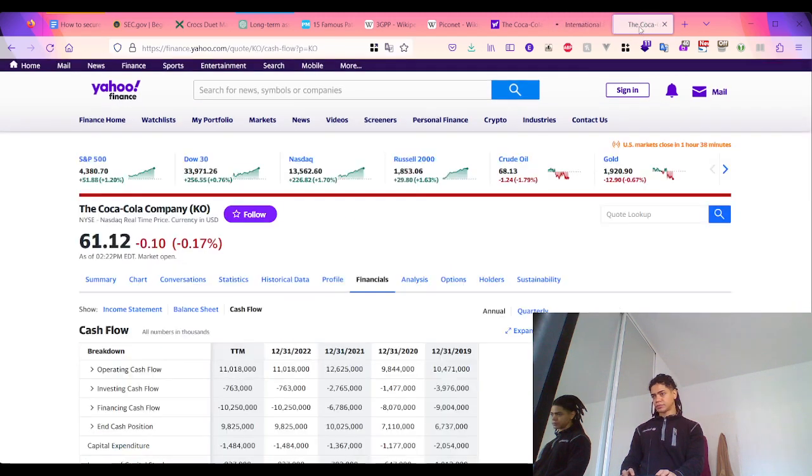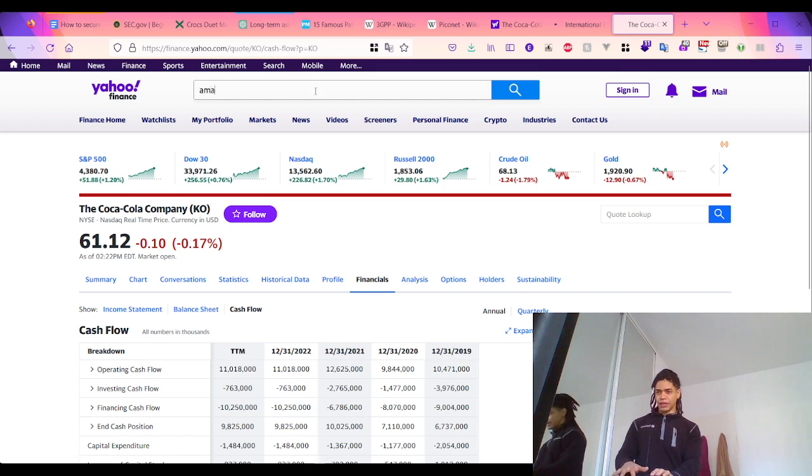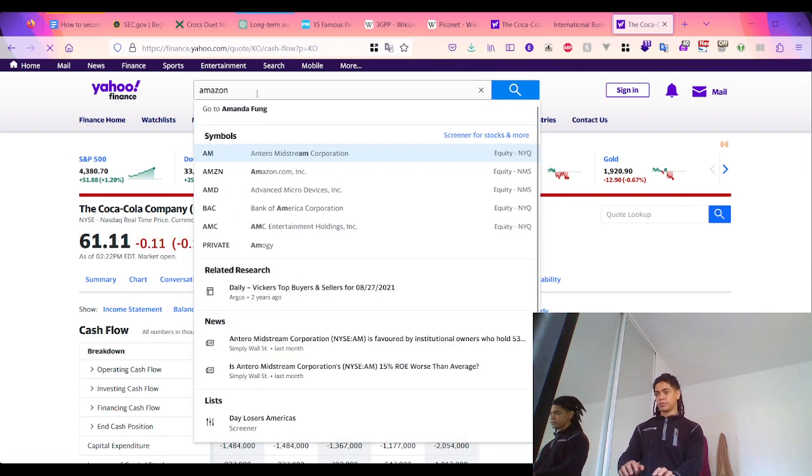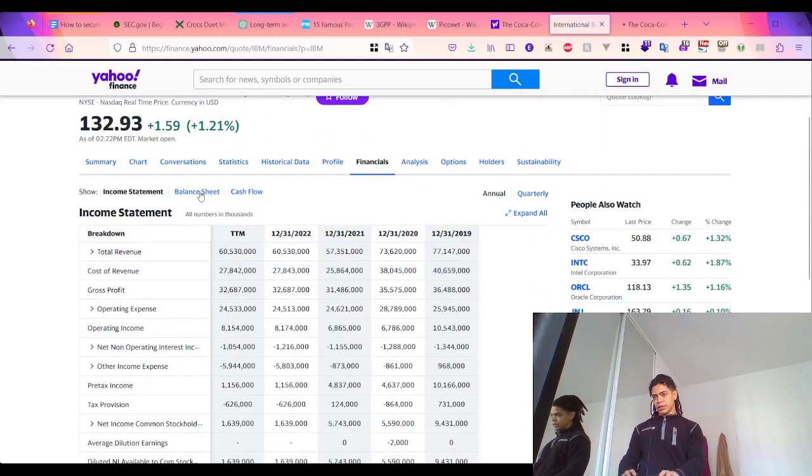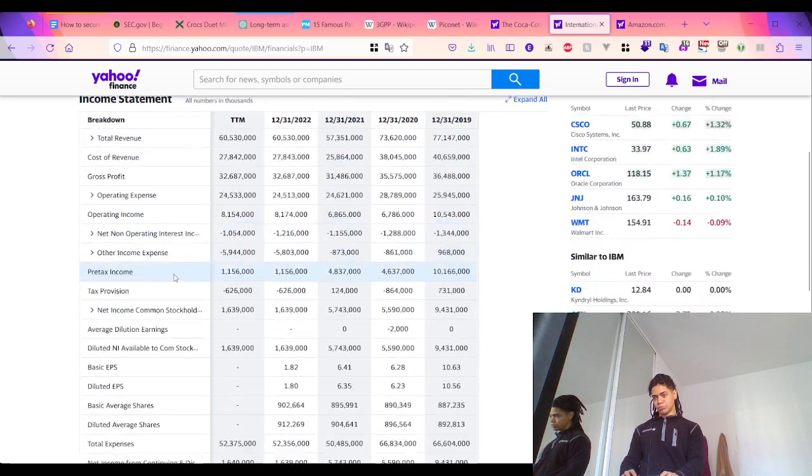Okay, and here I just want to take a look at Amazon, for example. Can you show Amazon Inc. here, and take a look at the cash flow statement here.